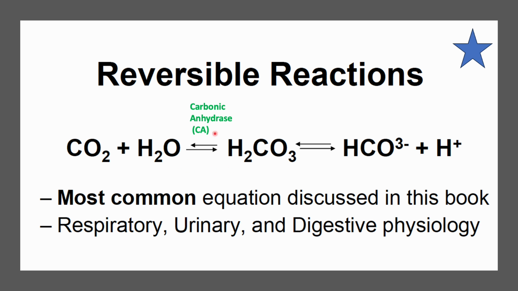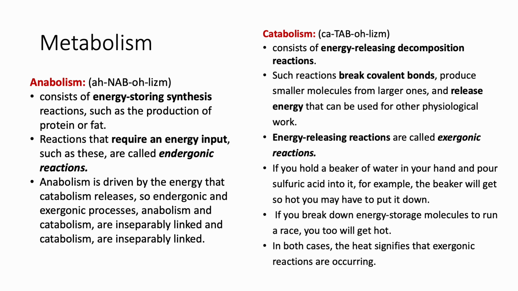And this first reaction is catalyzed by the enzyme carbonic anhydrase. If there is no carbonic anhydrase, this first step cannot occur. Is there carbonic anhydrase here? No. Only in that step. And this again is a reversible reaction. That's why it has a double arrow, so it can occur in either direction. So when we get to the respiratory system, urinary system, and digestive system, you will go through this equation over and over again.